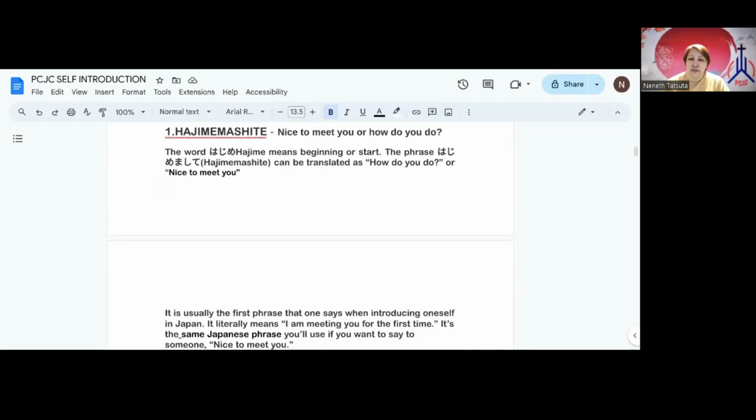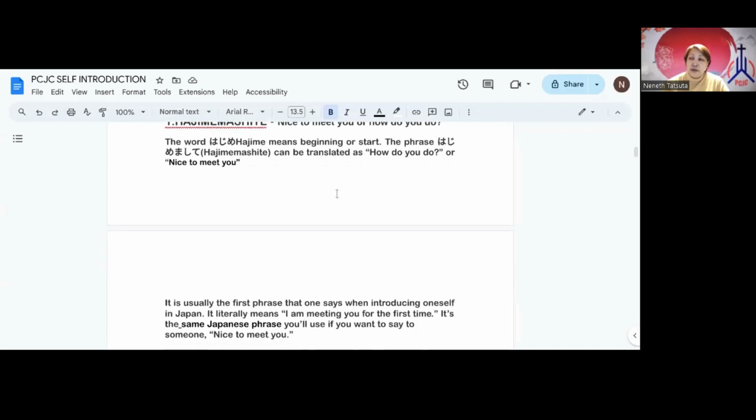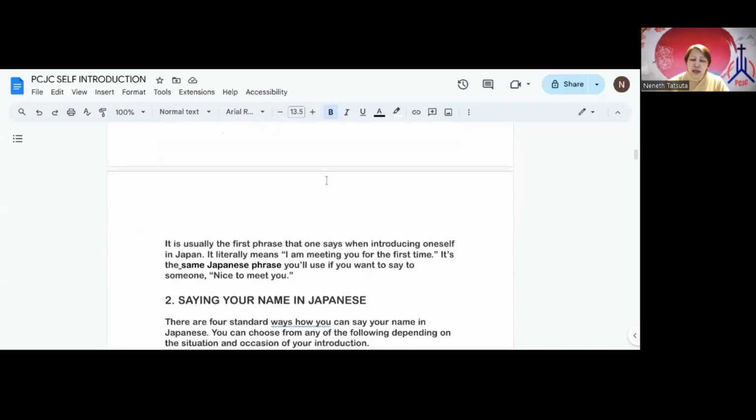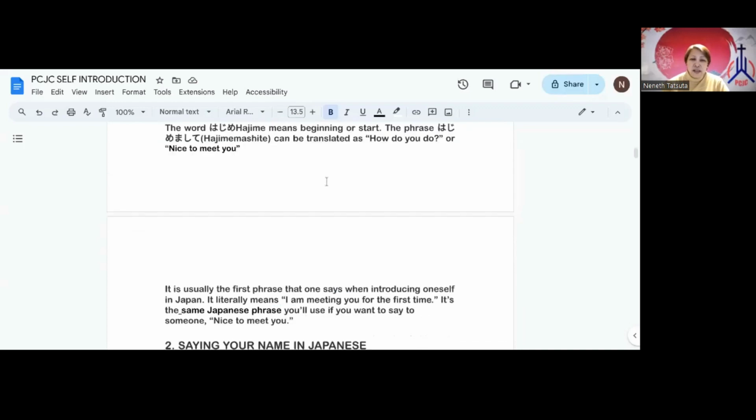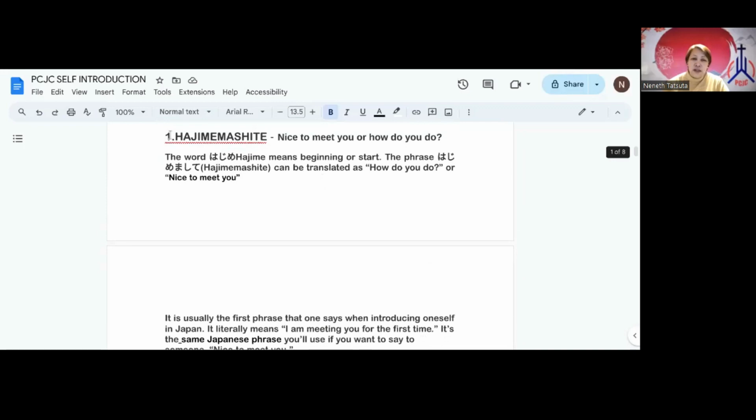When you introduce yourself, this is the very first word that you're going to use, Hajime mashite. Some also use Hajime mashite, Ohayo gozaimasu, the greetings, or Ohayo gozaimasu, Hajime mashite. Both can be used.